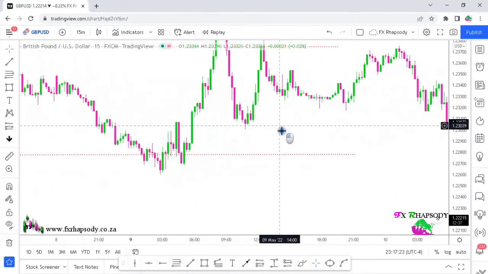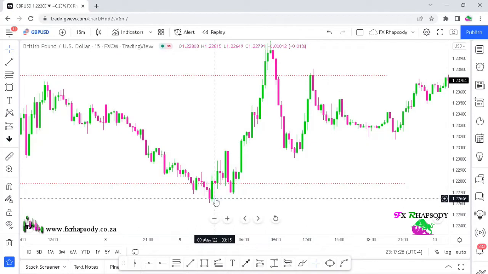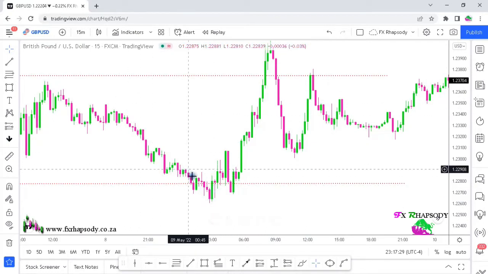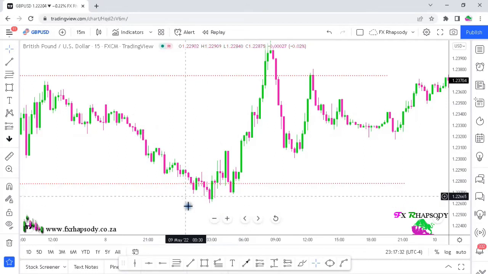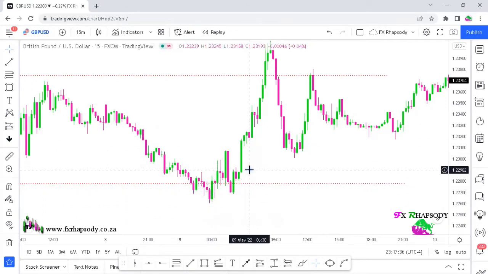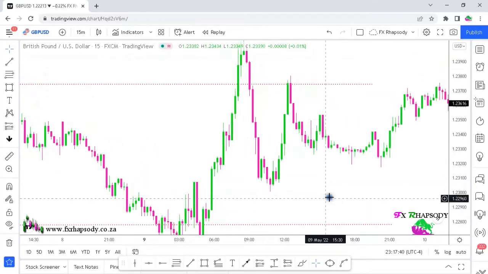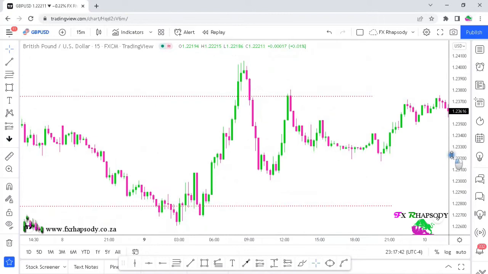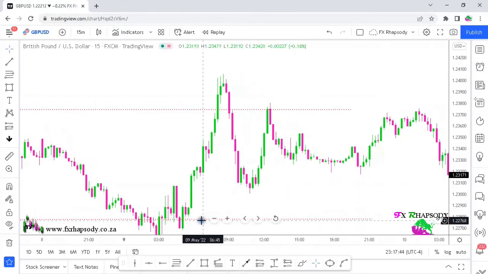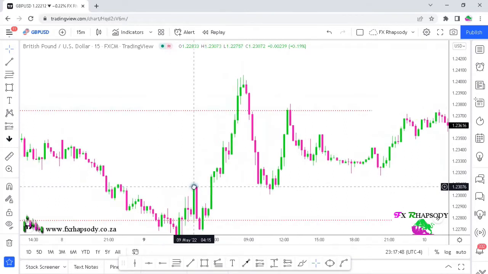Okay, so we can see price hunting the liquidity at the bottom. Price goes into that liquidity pool and then starts moving to the upside. Now, where do we want price to break for this to happen? Just watch very carefully here. Price goes up, forming this new, let's call it a high or structure.